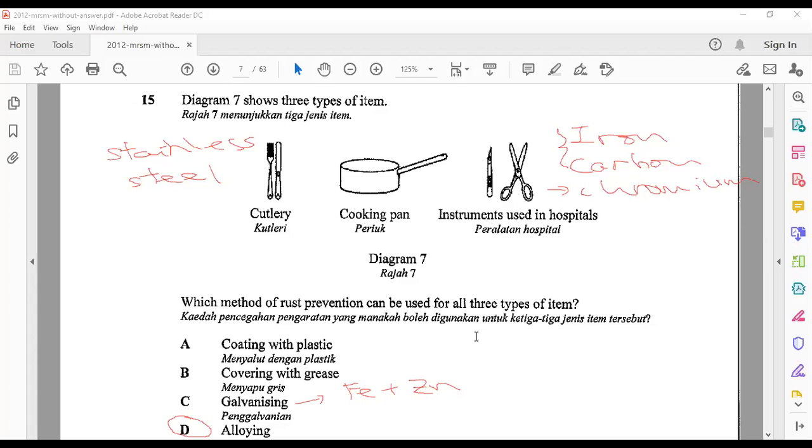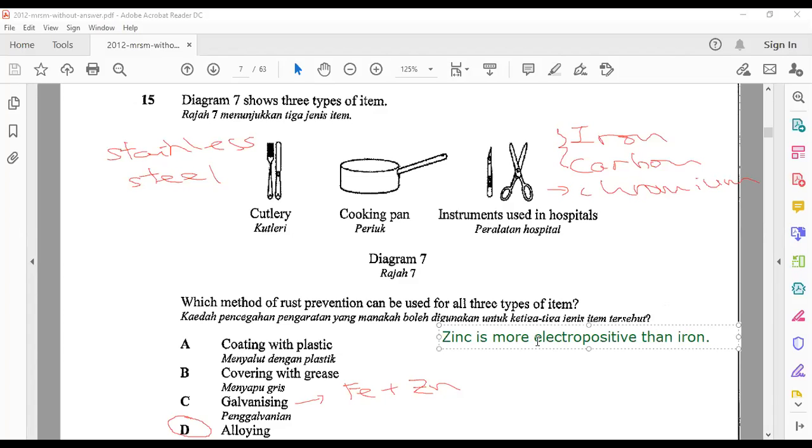Zinc can displace iron, teacher. Okay, can you use the word displace in this case? Do you have a solution and you put a metal in it? No. If no, it means you cannot use the word displace.